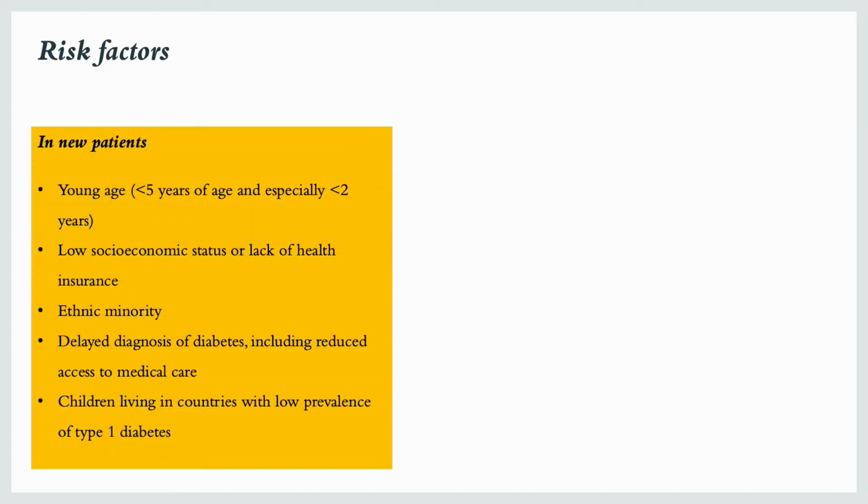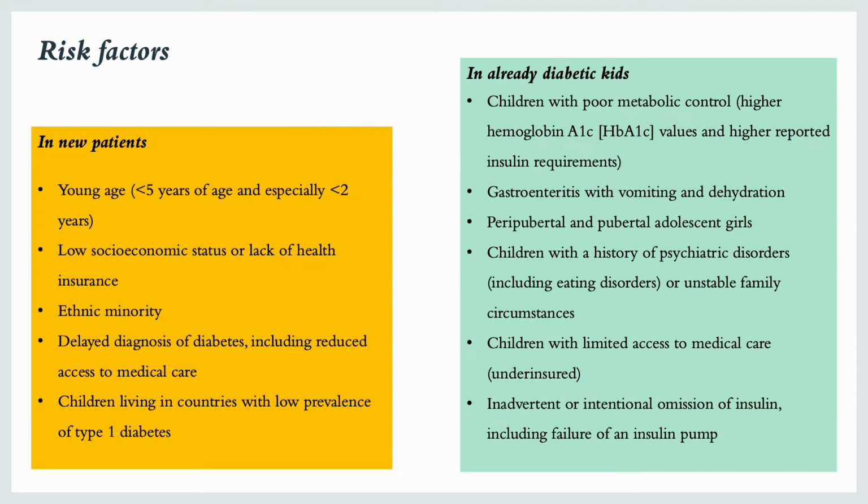So coming to the risk factors in kids who are already diagnosed with diabetes. First is children with poor metabolic control, higher HbA1c values, and higher reported insulin requirements. Second is gastroenteritis with vomiting and dehydration, some kind of infection. Third is peripubertal or pubertal adolescent girls.